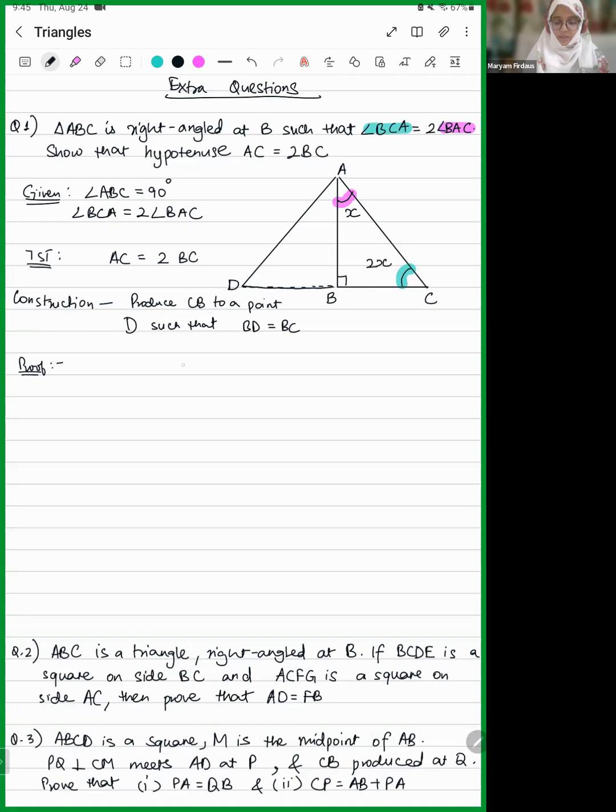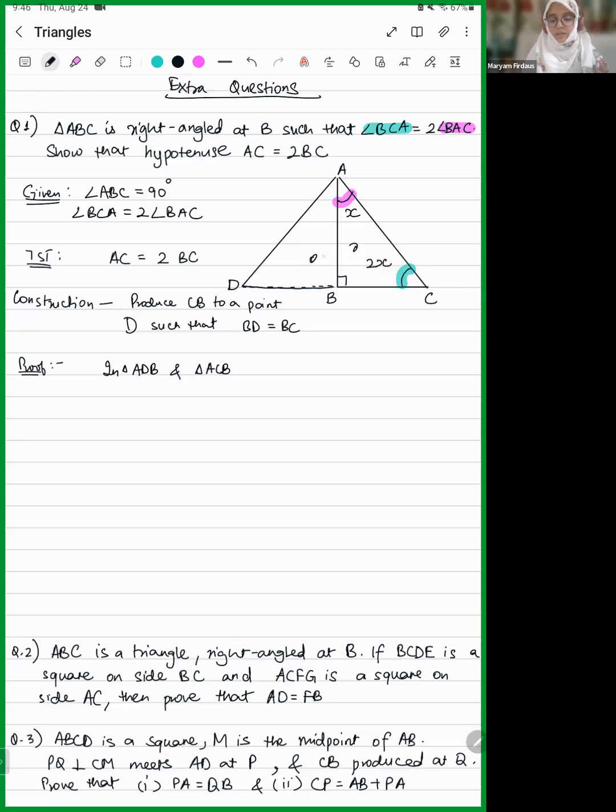So look at these two triangles that we have just made. Look at triangle ADB, the left triangle, and triangle ACB. But why did we do the construction? You will come to know. What we are going to do is show that these two triangles are congruent.